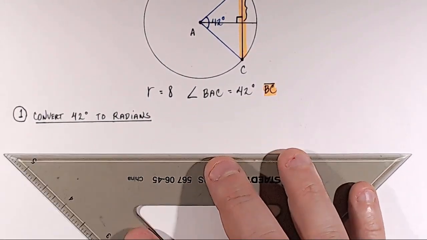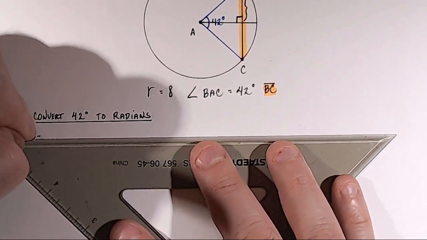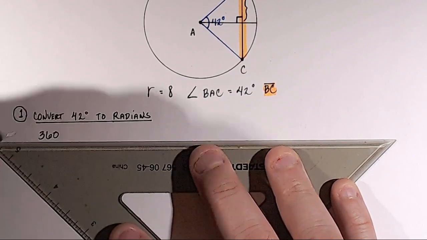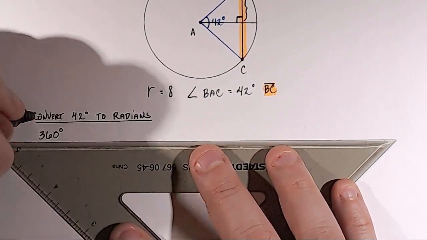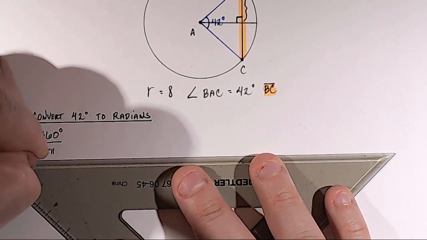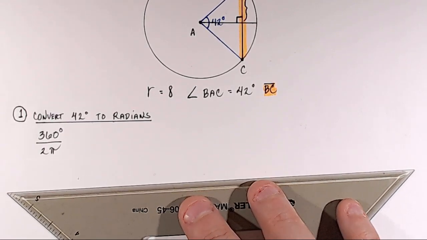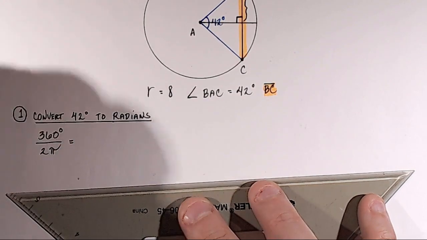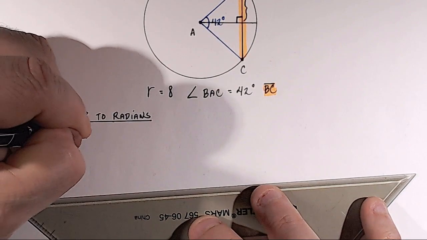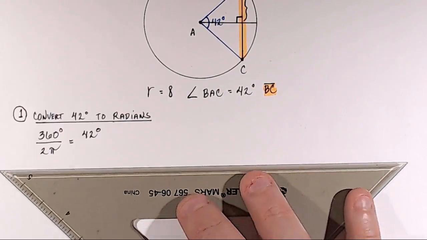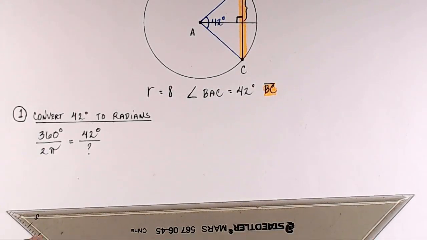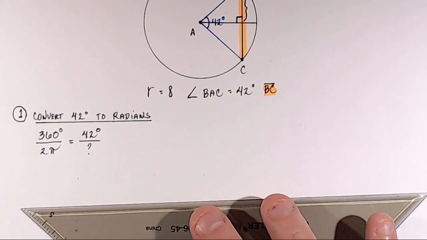So if you don't know what 42 degrees is in radians, all you really have to remember is that a circle has 360 degrees, and the same circle has 2 pi radians. That's a proportion. So if 360 degrees is 2 pi radians, in 42 degrees, how many radians are there? And so that's what we're going to solve using a proportion.